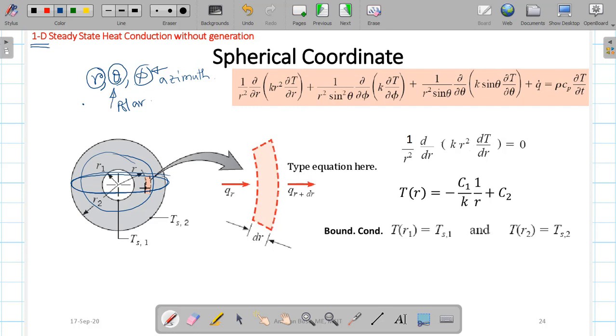So, only variation of temperature is taking place along the radial direction. Only along the radial direction the temperature is varying.